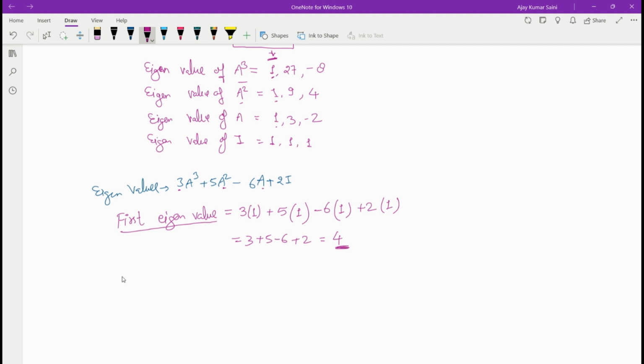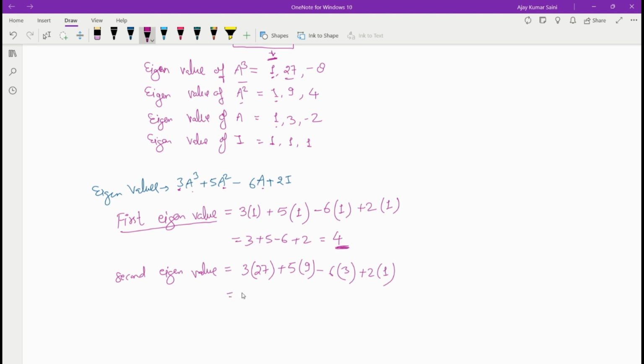Now the second eigenvalue. First is 3, and for A cube the second eigenvalue is 27, so 3 times 27. Plus 5, and the second value of A square is 9, so 5 times 9. Minus 6, and the second value of A is 3, plus 2 times 1.